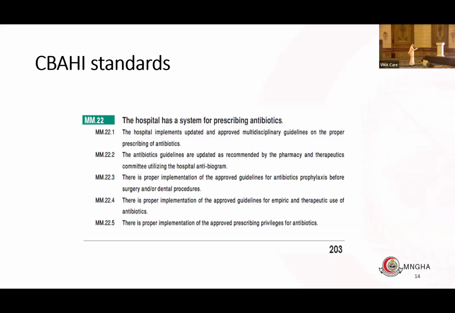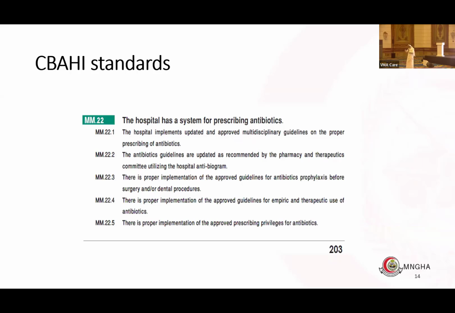There is also proper implementation of the approved guideline for antibiotic prophylaxis. In the Sabahi visit, they asked to open one of the patient files and show a patient going to surgery, what antibiotic was given, and they wanted to check what prophylaxis was given.